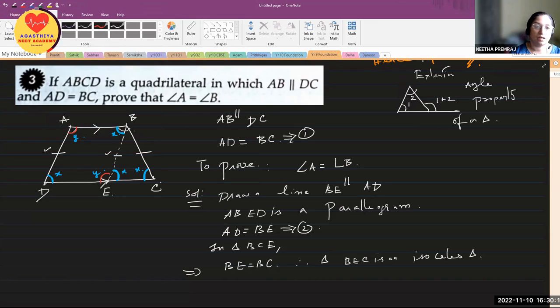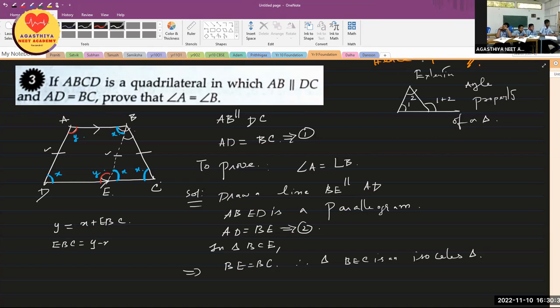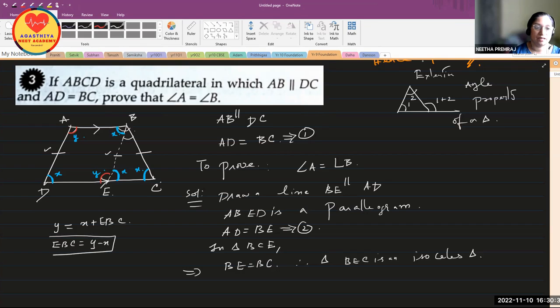We don't know this angle, but we know this angle includes this one. Y is equal to X plus EBC. Correct? So what is EBC? EBC is equal to Y minus X. Correct? Yes?